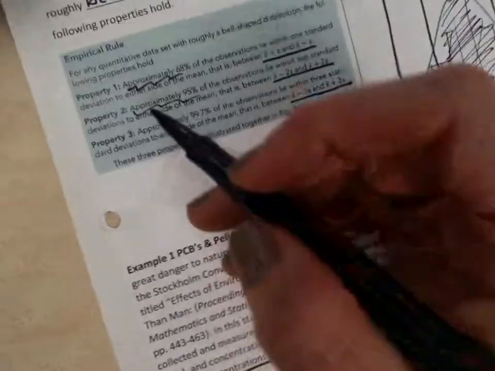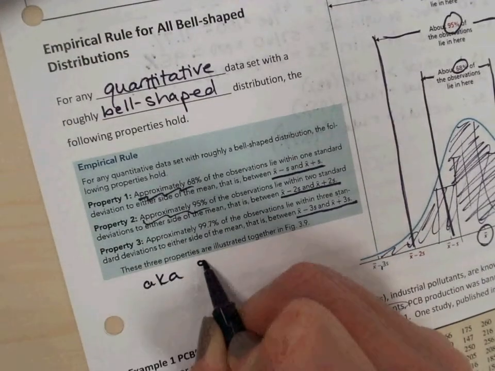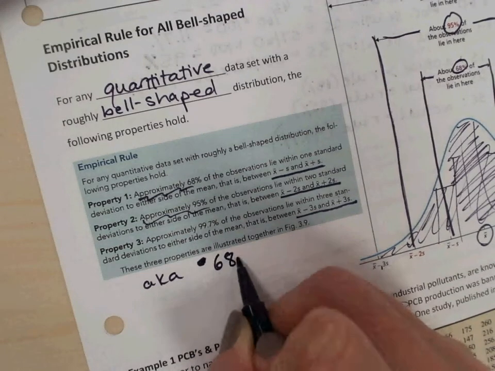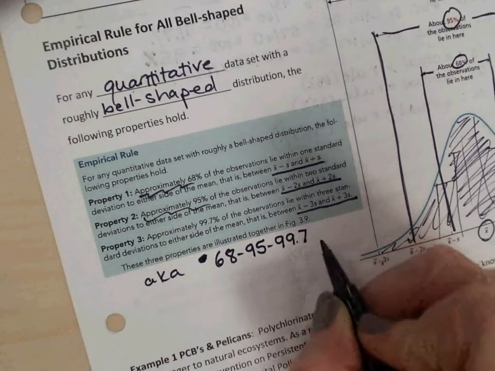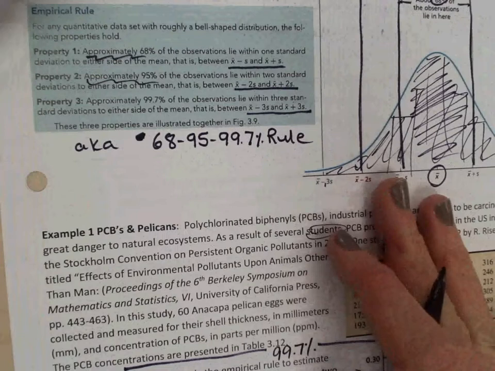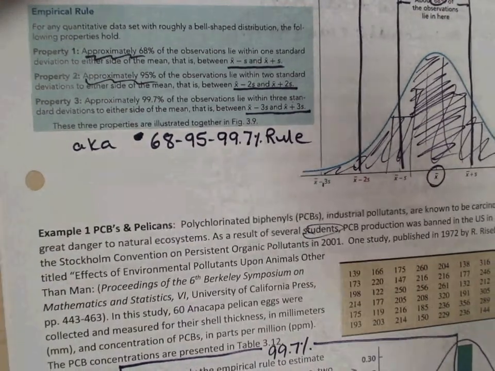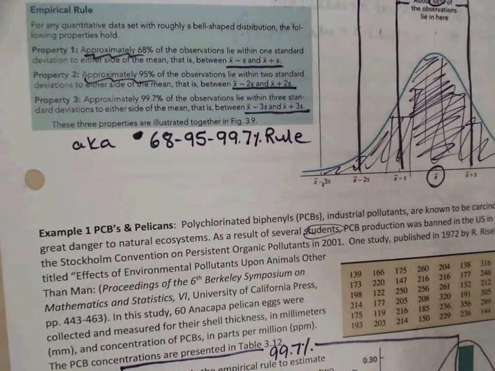In fact, on the front, if you want to write this, the empirical rule is also known as the 68, 95, 99.7% rule. At first it feels like it's hard to remember all of those numbers, but as you use them, they'll stick pretty quickly.